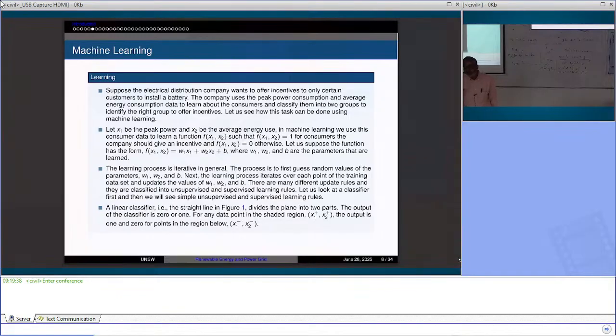You got a function. You put certain जो आपके variables हैं, these variables, and it tells you whether hosting capacity with these power flows is acceptable or not.